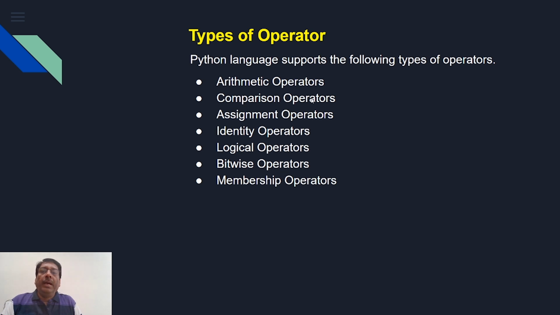You have comparison operators, which you can also call relational operators. You have assignment operators, identity operators, logical operators, bitwise operators, and then membership operators. These are the various operators available to us in Python, which, when provided with operands, perform some kind of operation. So let's understand each one of these operators in detail.